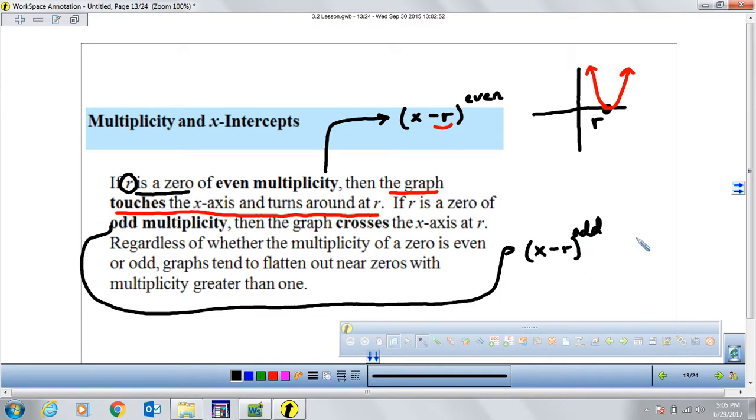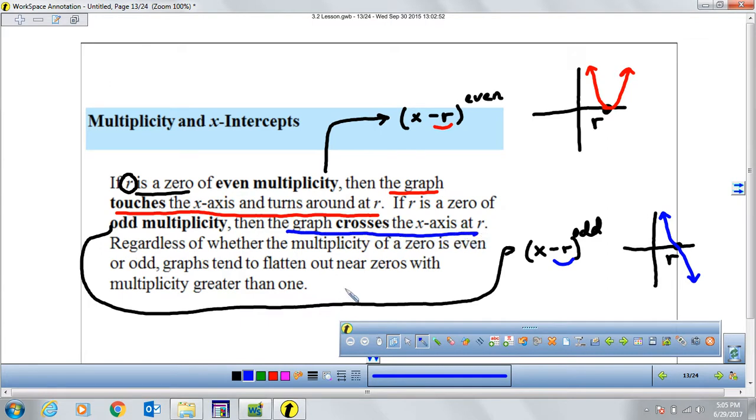If a factor repeats an odd number of times, then when the graph, let's say this is r, gets close to that r, let's pretend it's coming from the top, when it gets to that r, it's going to cross the x-axis to the other side. That's what it means by crosses the x-axis. So if a factor, once again, has an odd multiplicity, then the graph is going to cross the x-axis when it gets close to that number.